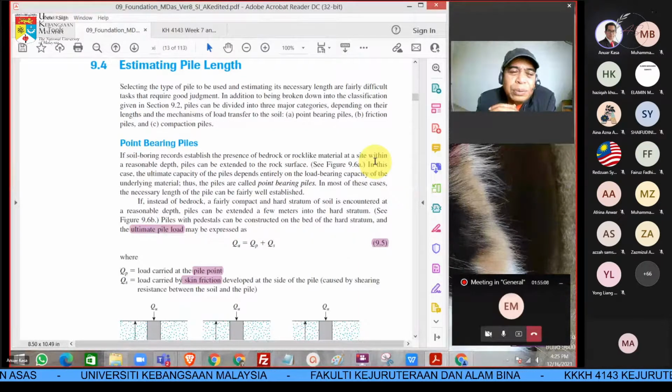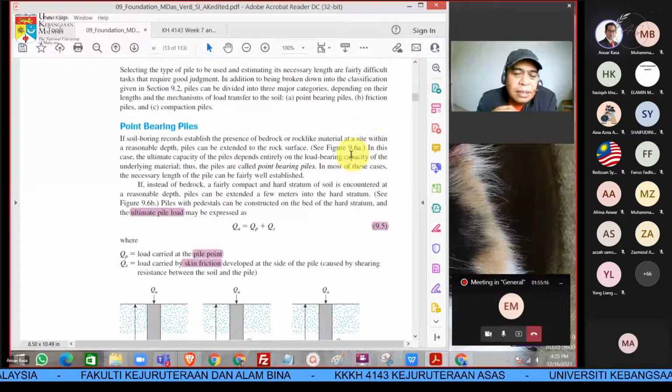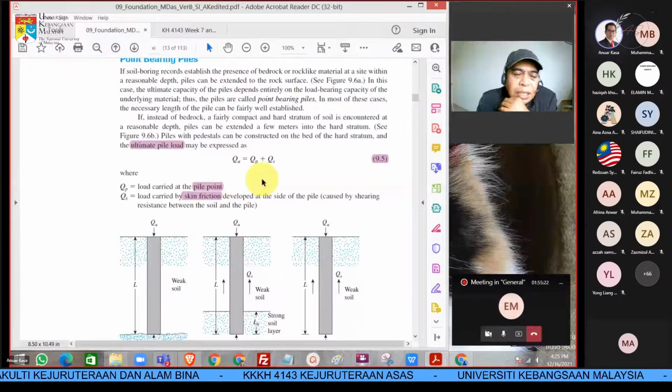So to estimate pile length, we need to know the point bearing. Point bearing is the part to get the ultimate pile load.